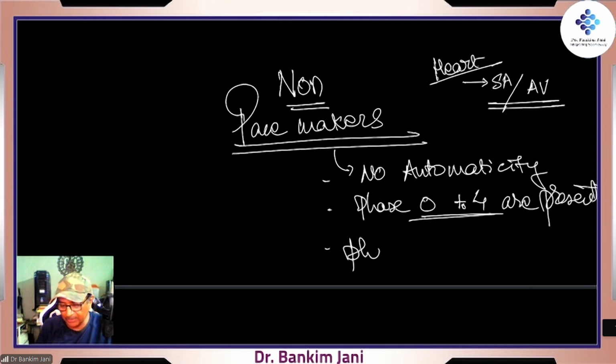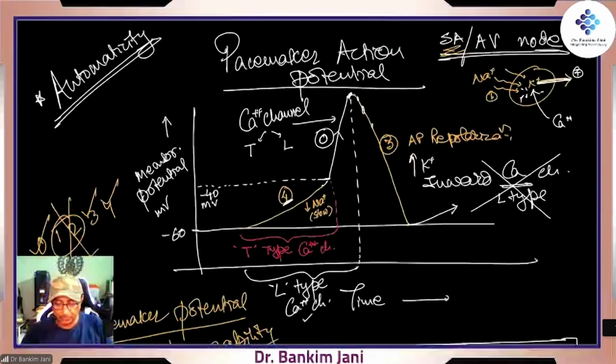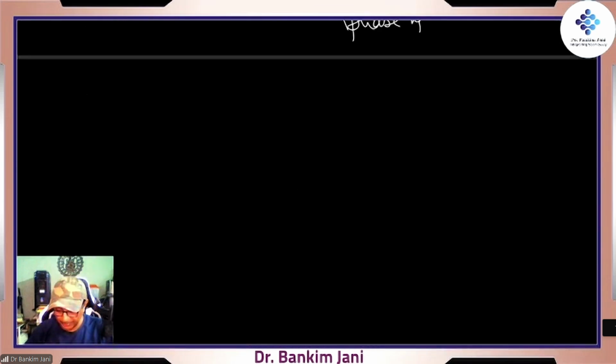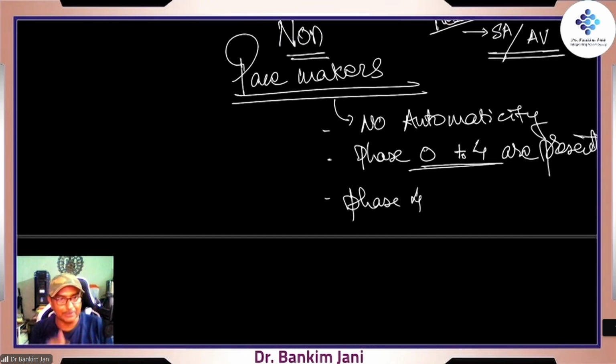The phase 4. There was nothing like a baseline over here. It was never waiting, so the wave would keep on going like this. That phase 4, which is on a slope over here, is flat here. And why is it flat? Because phase 4 is the resting potential.